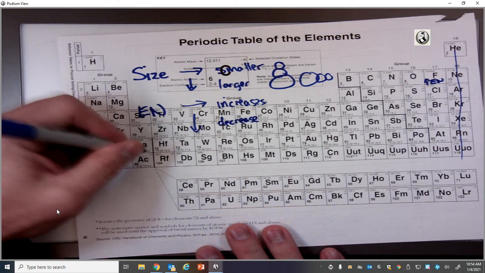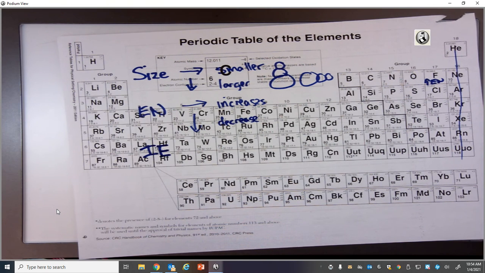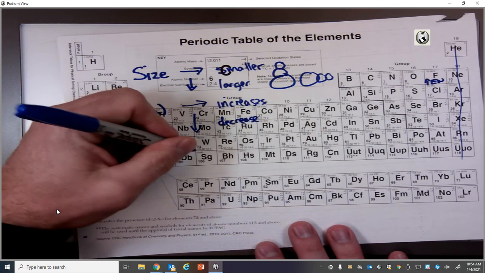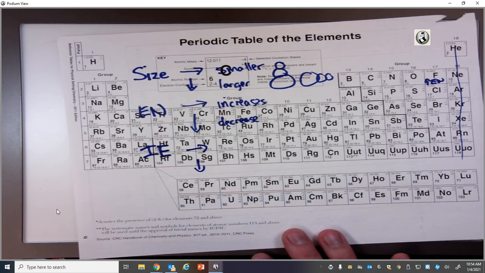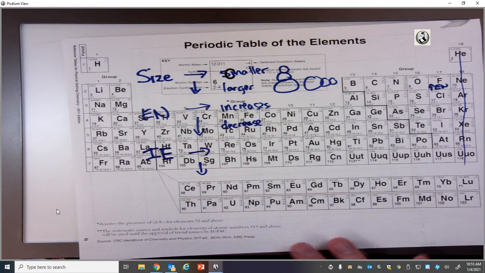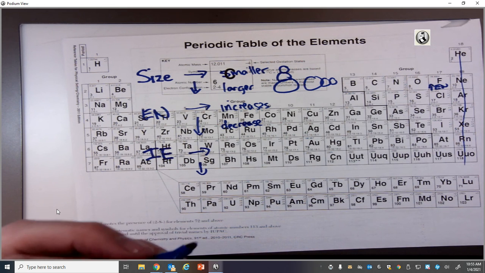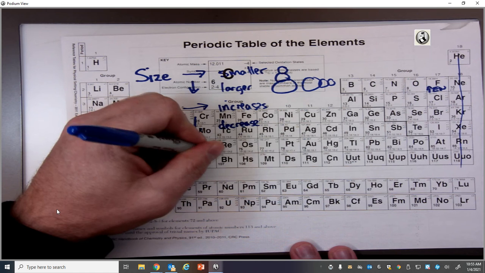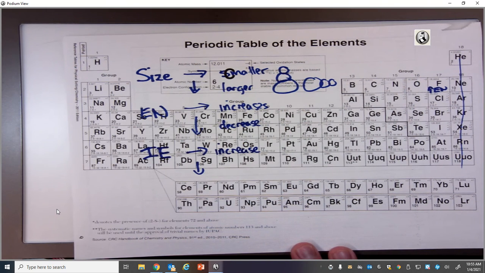All right, ionization energy, I'm going to abbreviate IE. Ionization energy is the ability to hold on to your own valence electrons. Okay, and we're going to do the trend across and the trend down. All right, so if you think about it, as we go across, the atoms get smaller, right? So that means the electrons are getting held in tighter, so it's going to be harder to remove the outermost electron. So ionization energy will increase as you go across a period.